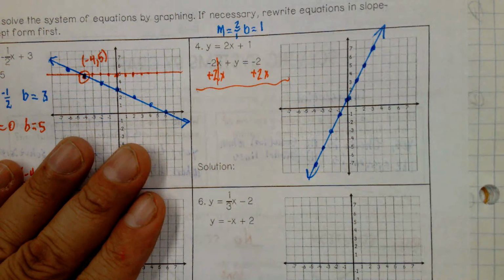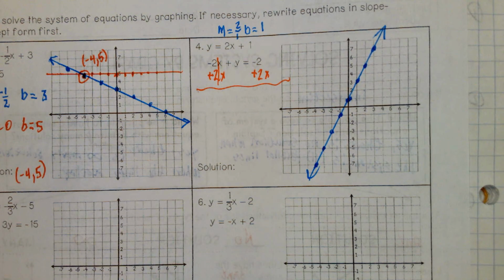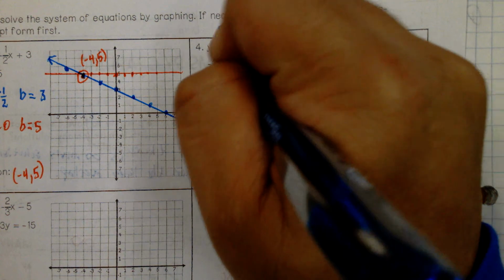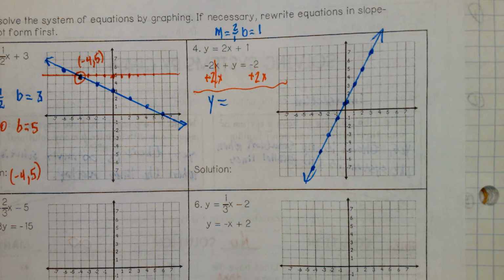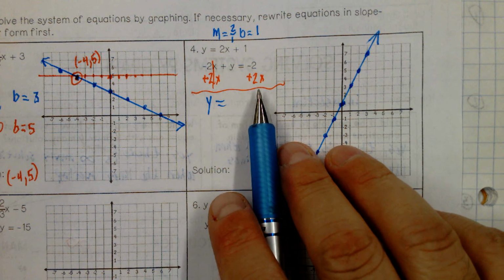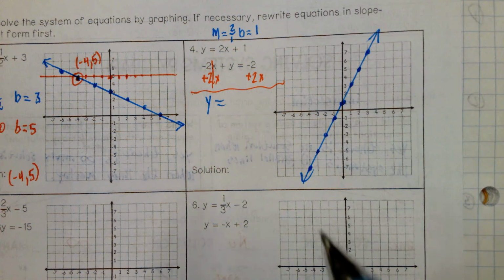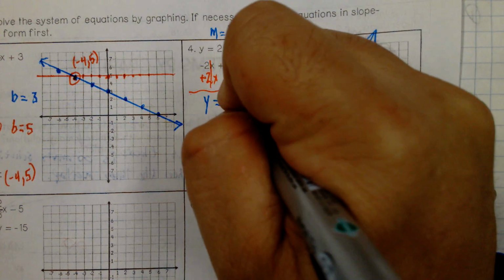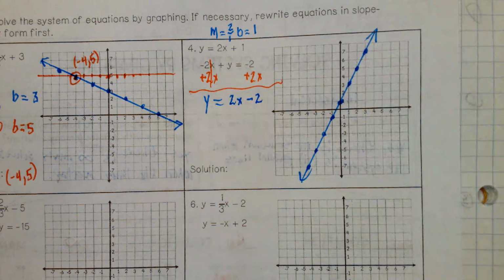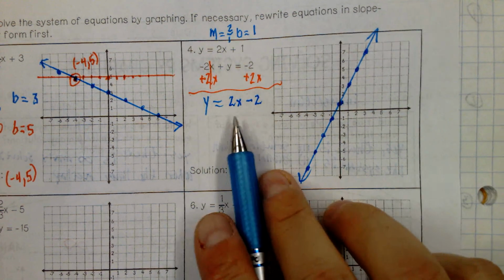When you add them, they make 0. It's just y is left, that's all. I only have plus y, so it's just y. Now, can I combine these to make 0x? They stay separate. I got positive 2x and minus 2. Okay? So now this is my equation.